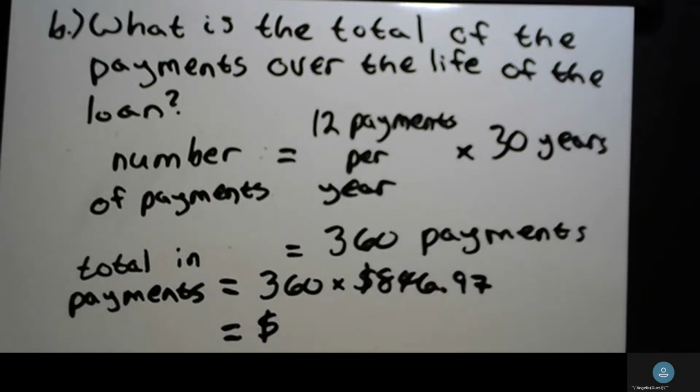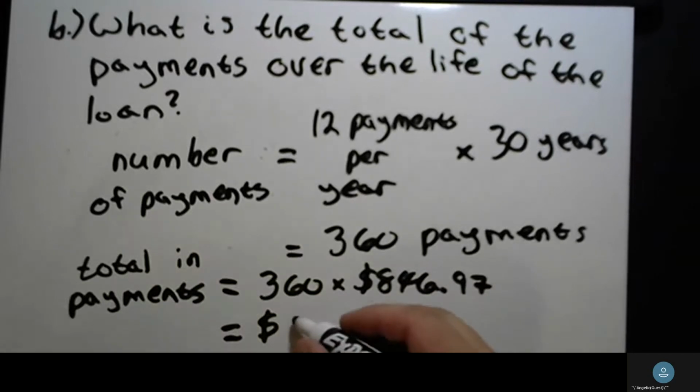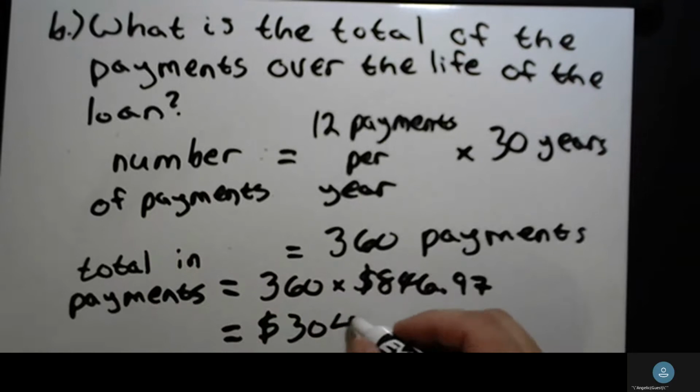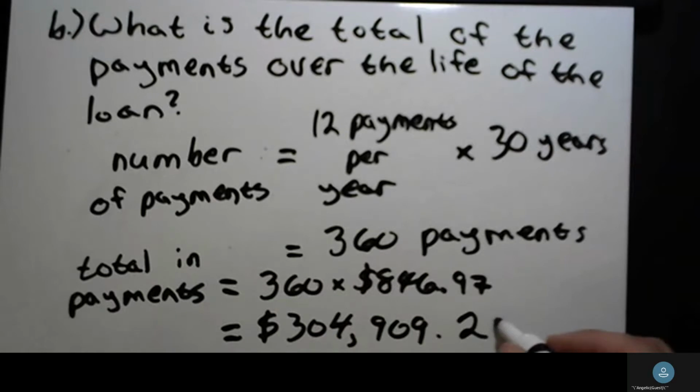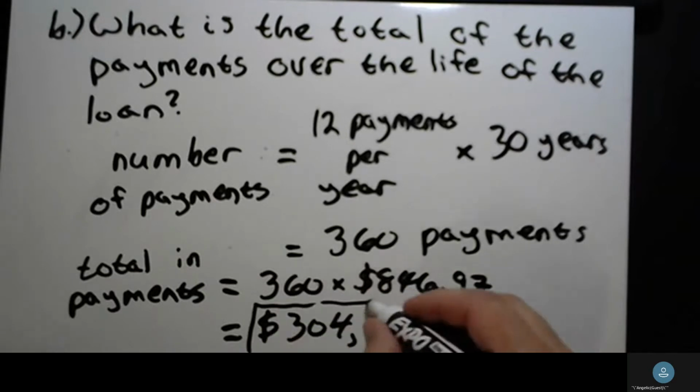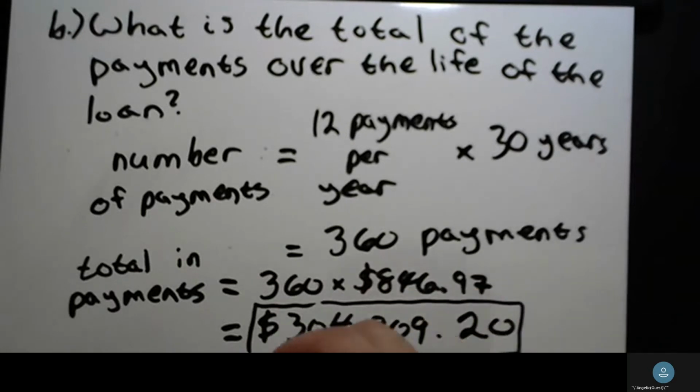Now, remember, this is paying off a $134,000 loan over 30 years, and we're going to include the interest. It's $304,909.20. So because of the interest included on this loan, over 30 years, you're going to pay more than double the amount you actually borrowed.